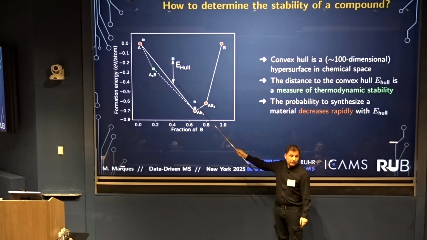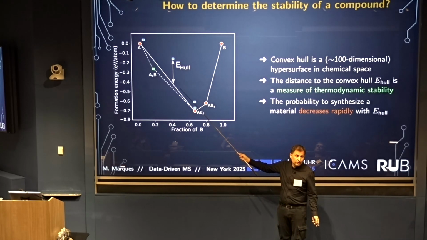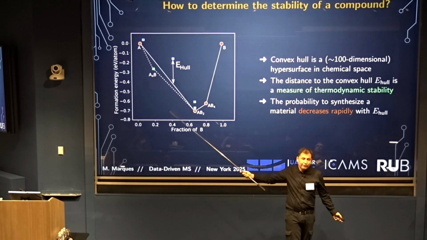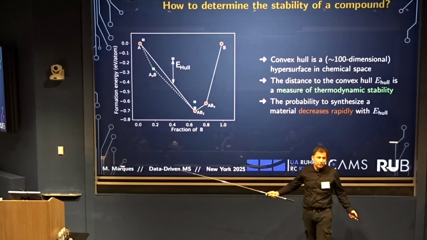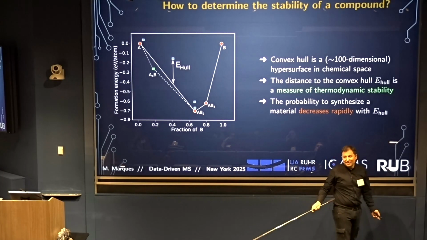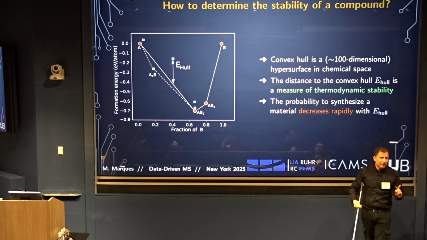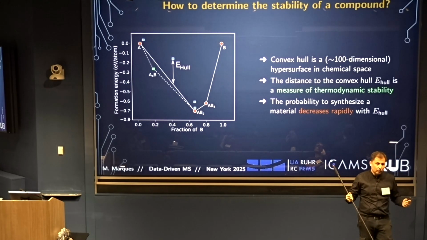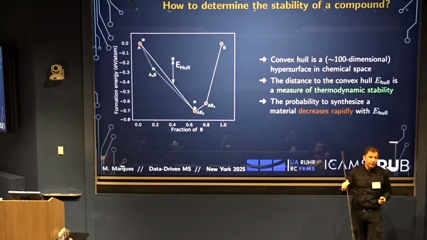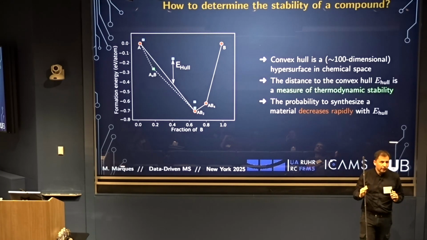You cannot be 1 eV above the hull. 1 eV, converted to temperature, doesn't work. The only exception is that there are some compounds you can synthesize at very high pressure and quench, and they can be half an eV above the hull. This is the only exception. Yeah?